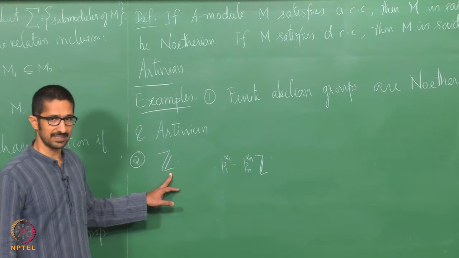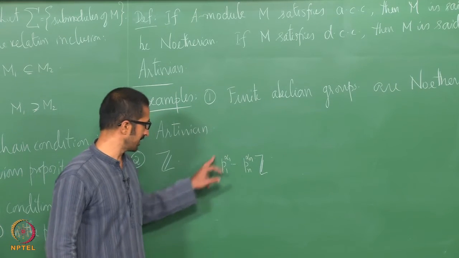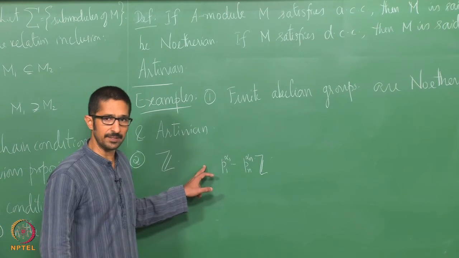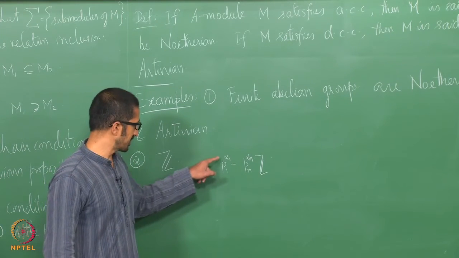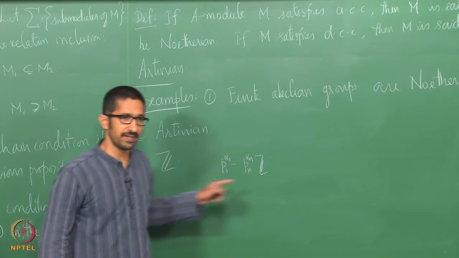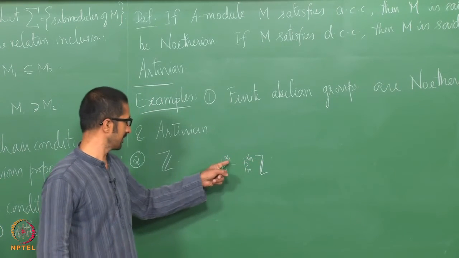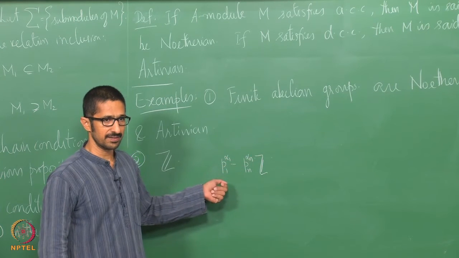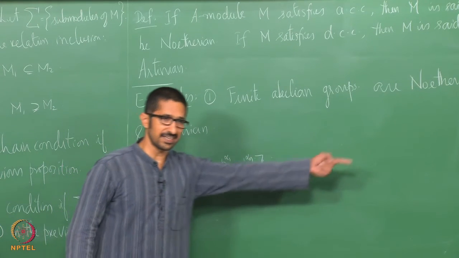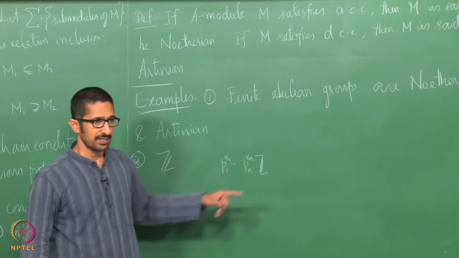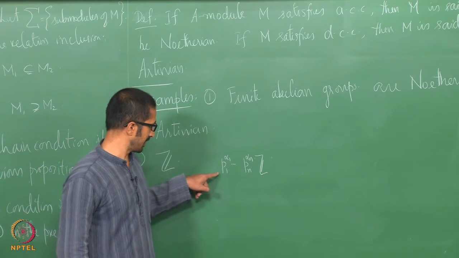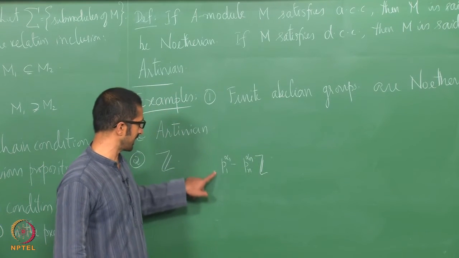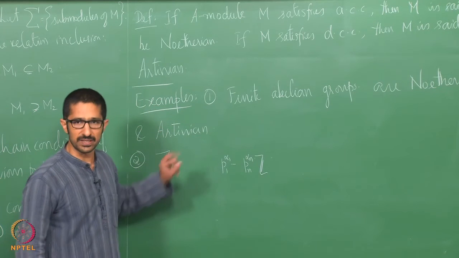Now, if I take k to be this prime factorization, the maximum number of elements in the ascending chain can be alpha_1 plus etcetera alpha_n, right. If you take any ascending chain, there are finitely many ideals containing this one.